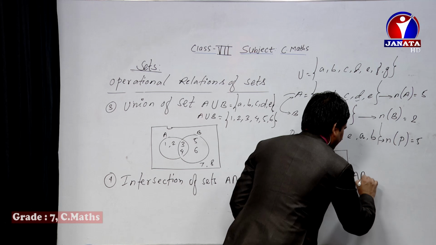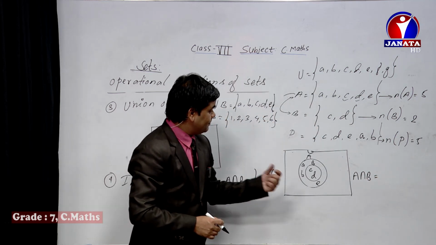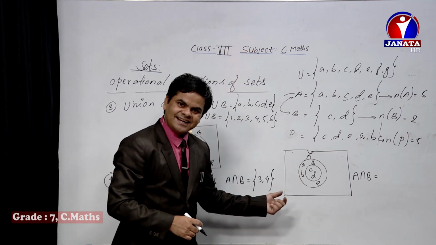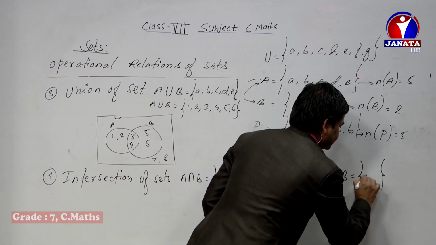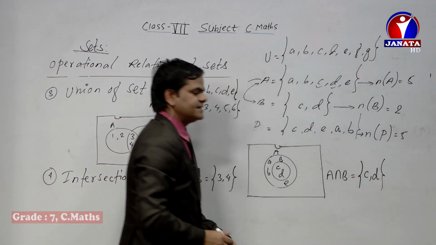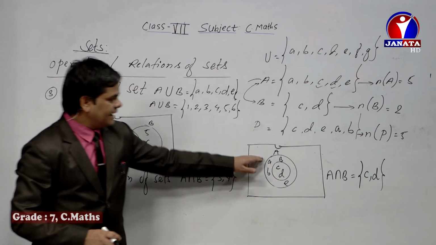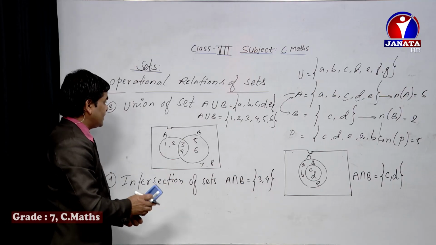What are the common elements between sets A and B? Of course, C and D. So let's keep here inside the curly bracket C and D. C and D are the common elements between the two sets A and B. So this is the relation of intersection and union.